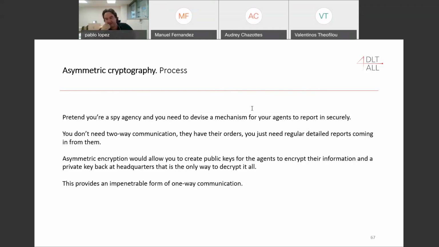We have the privacy of the data in the research and development process. We can also talk about medical data, the medical results of PCR now, where we can use this kind of asymmetric cryptography.